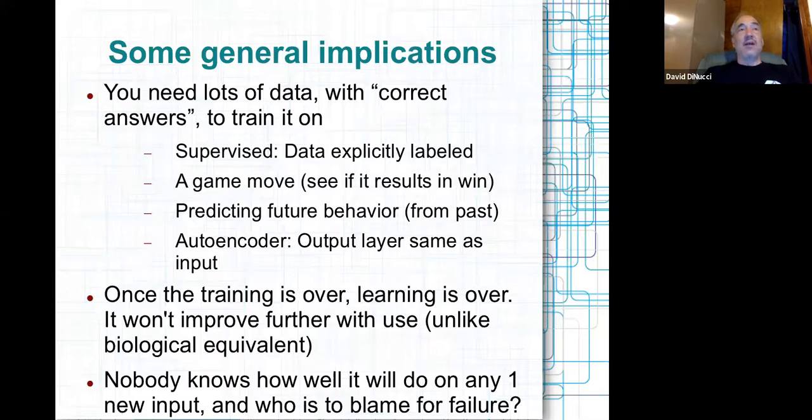Another implication here is once the training is over, the learning is over. That is, I told you how to do all this back propagation to change all the weights and the biases. But once you go out and start trying to recognize things, like you put in a new picture of a dog and maybe it gets it right, but maybe it gets it wrong, at least with traditional approaches, your learning is over.